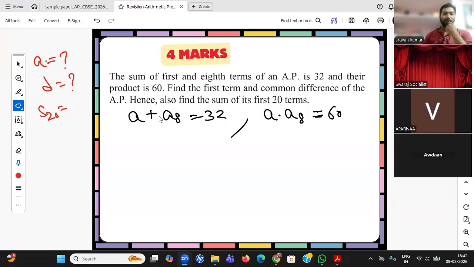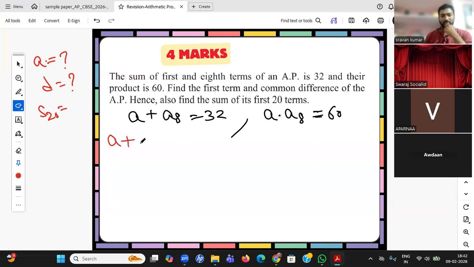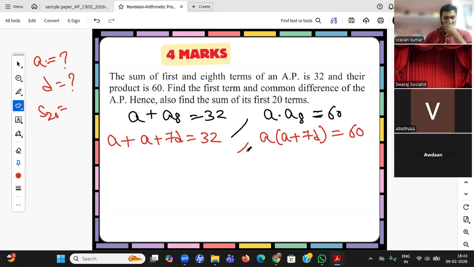Try to use the formulas whatever you have learned. Oh, very good. Ananya Amulya got the final answer. Very good student. Let me match with others also. Two equations, two unknowns.